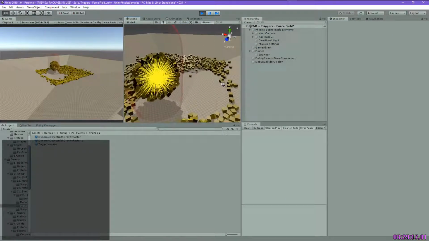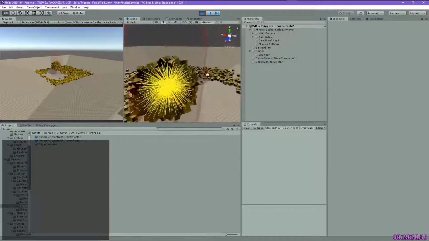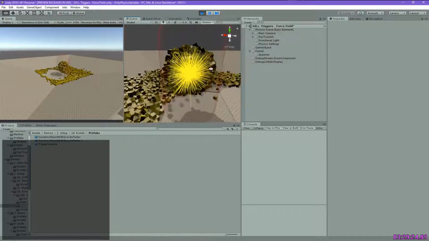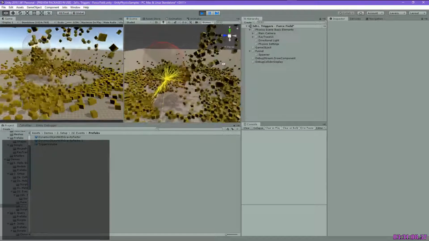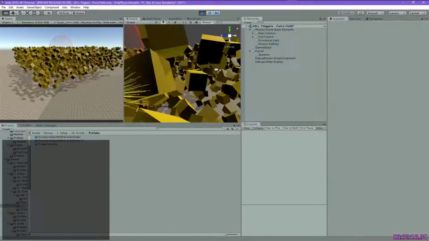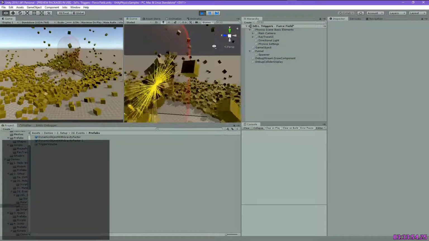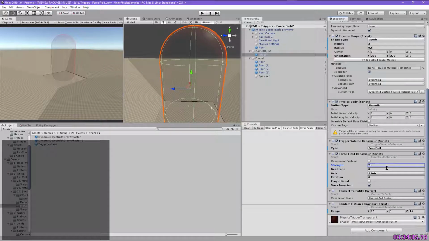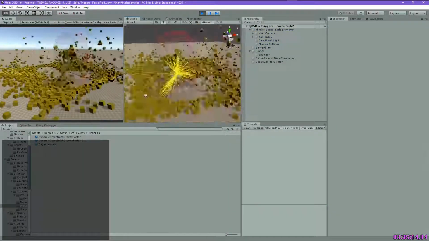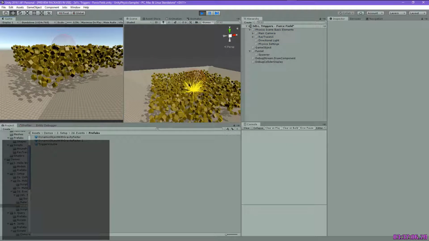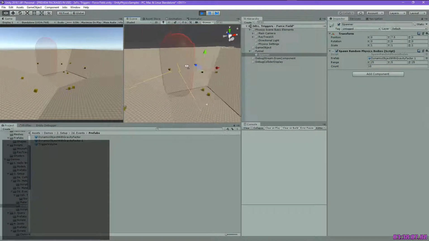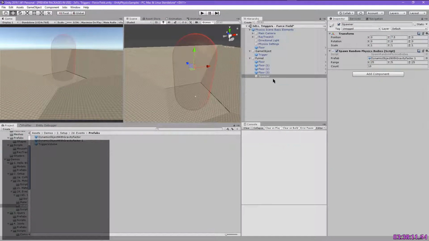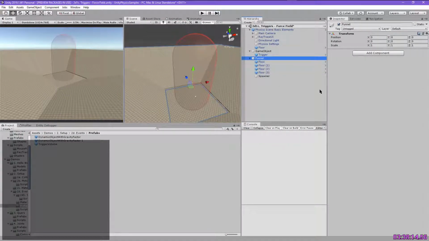Looks like it's more like it's absorbing them than deflecting them. So pretty much it bounces back and forth within the trigger until it goes outside of the trigger.